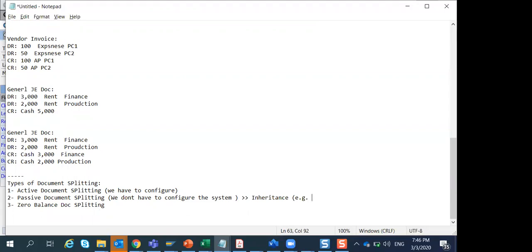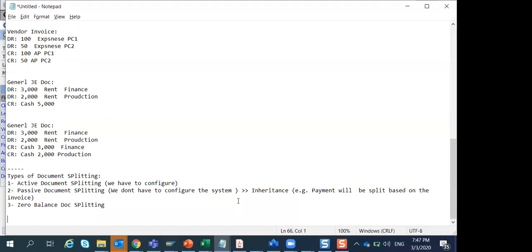The same thing here. For example, if you have a payment, the payment will be split based on the invoice. By default, you don't have to do anything.